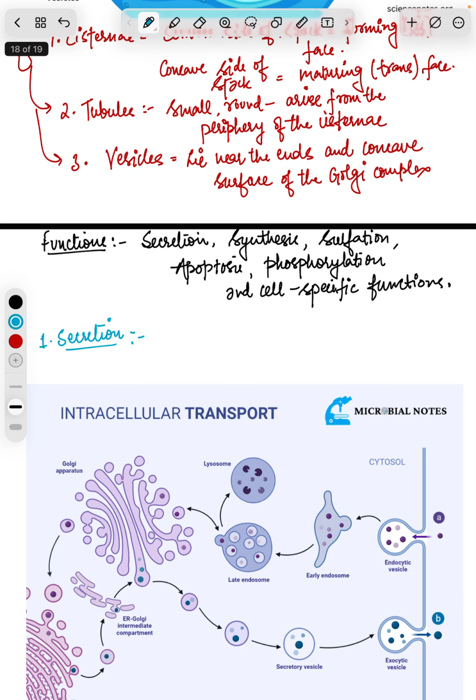It plays an important role in the synthesis of proteoglycans, which are molecules present in the extracellular matrix of animals.